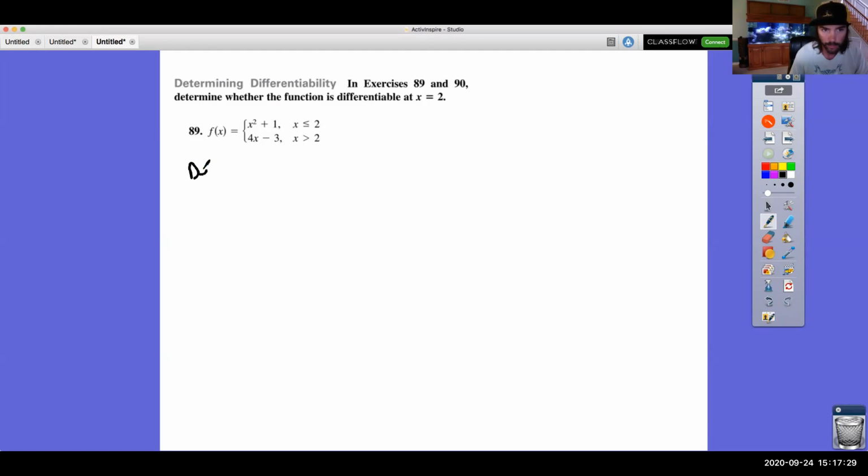So, the derivative from the left versus the derivative from the right. I have a function that goes from a parabola to a line, and I want to know if there's a smooth transition from the parabola to the line.